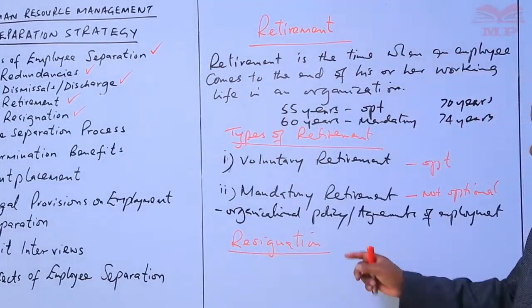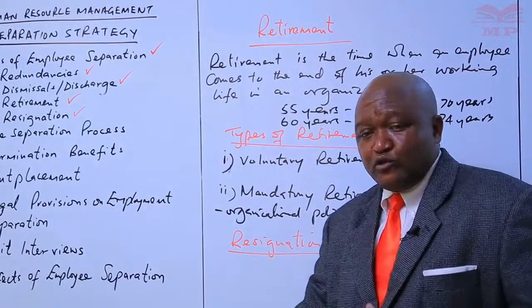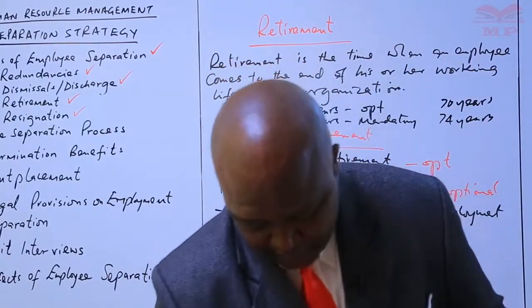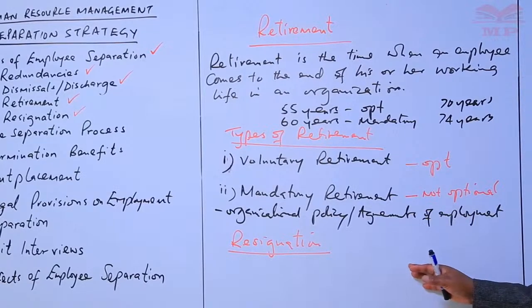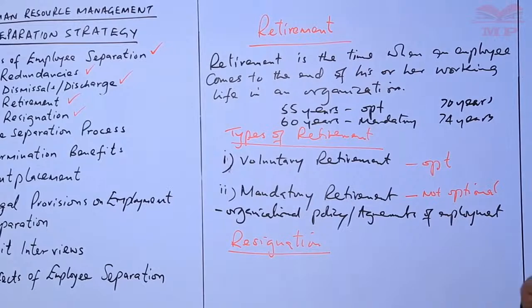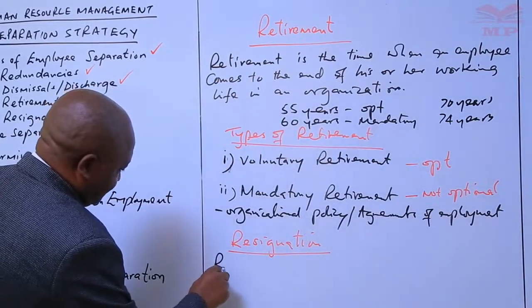This is where an employee may give notice to the employer that they would want to terminate their services by a given period of time. So resignation is the termination of a contract of employment by an employee.